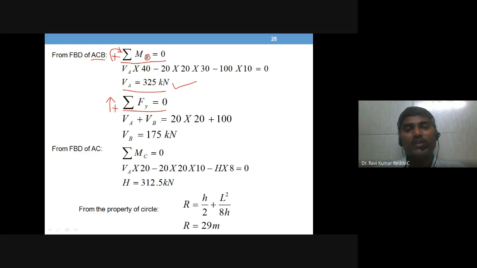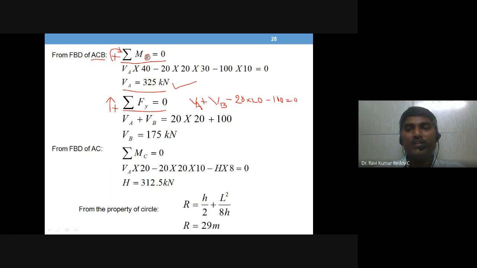I have straight away taken these two values to the right hand side, hence there is equal to here. It is actually VA plus VB, then minus 20 into 20, then minus 100 is equal to 0.